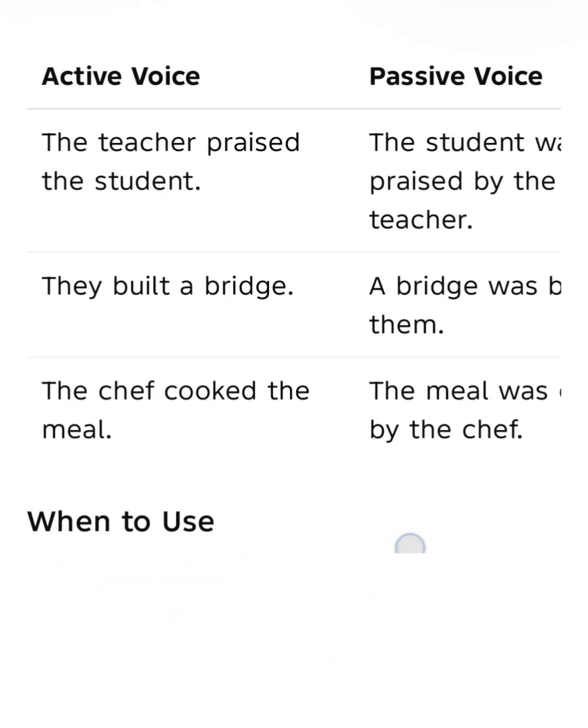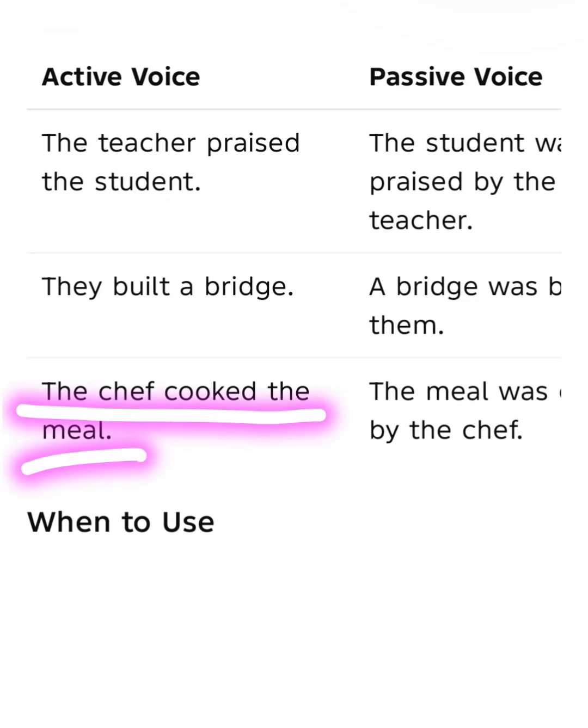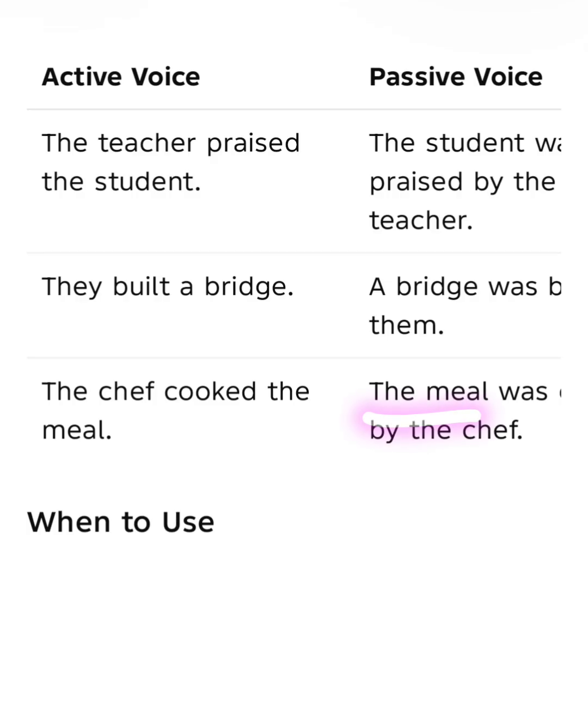Then in the last example, the chef cooked the meal. Also past indefinite. The meal is the object. I write the meal first, then the auxiliary verb was, then the main verb cooked, then by the chef.